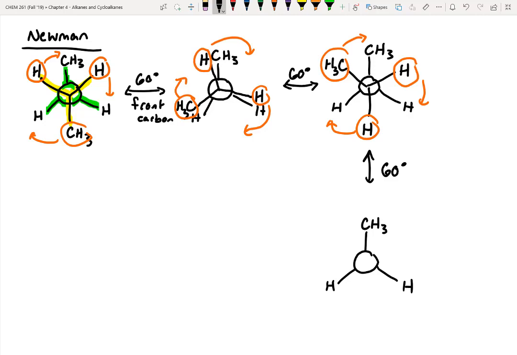However, we're going to run into another eclipse conformation. My question for you is what's going to be up here, in the highlighted spot? The methyl group. That means that the hydrogens must be in the other spots.